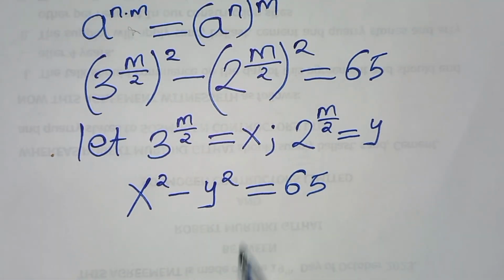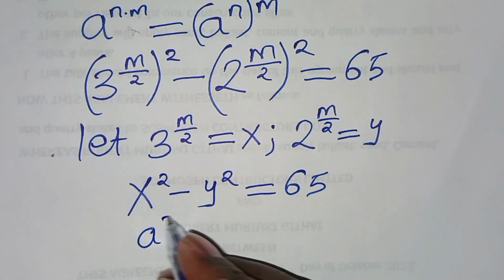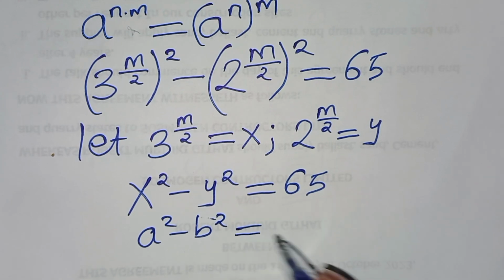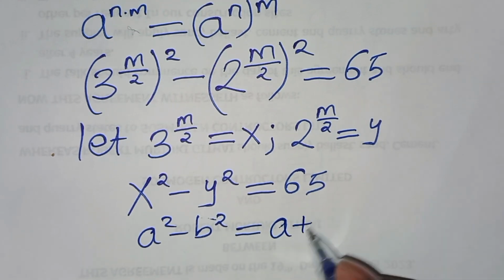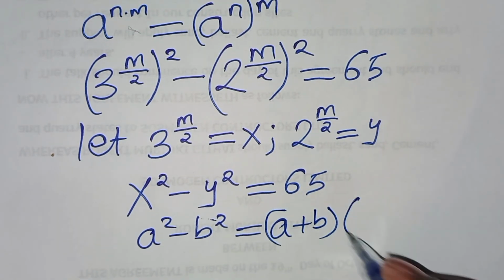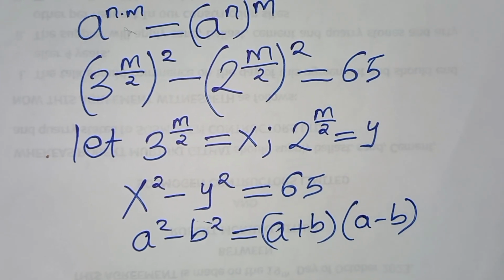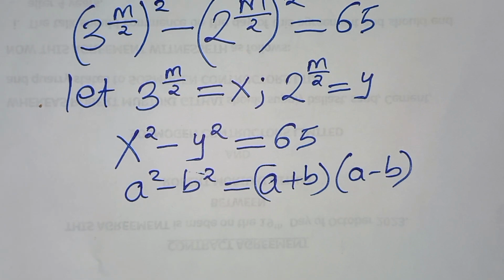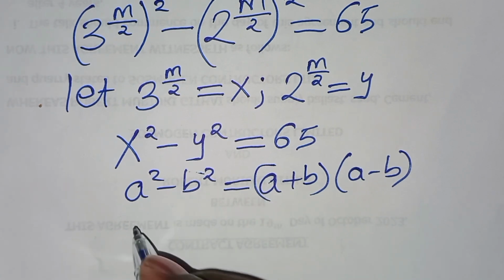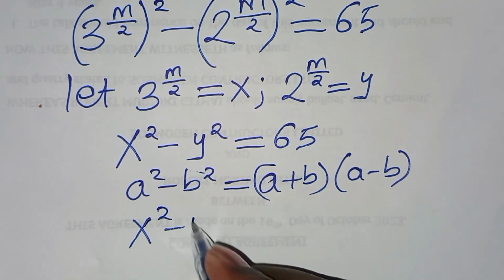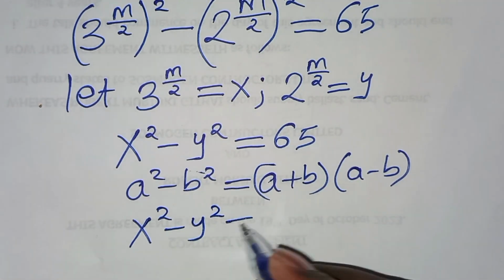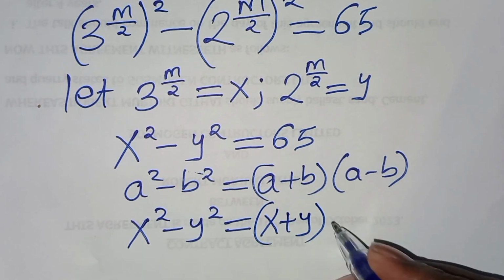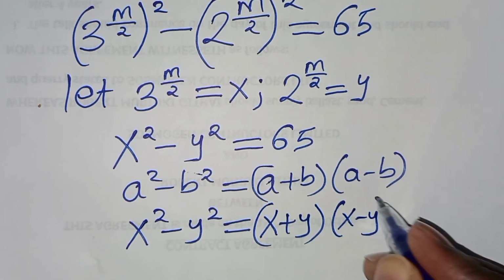X squared minus y squared, this is in the form of a squared minus b squared, which is the difference of two squares, which you can express as a plus b, a minus b. Now from here, we have x squared minus y squared. This is equal to x plus y, x minus y.